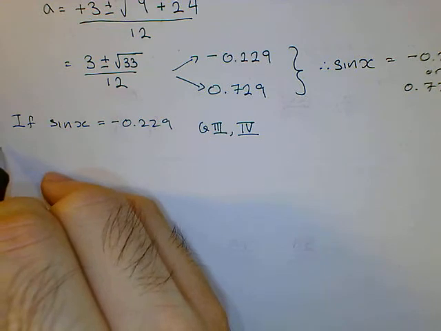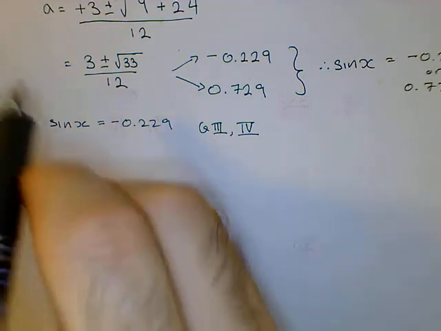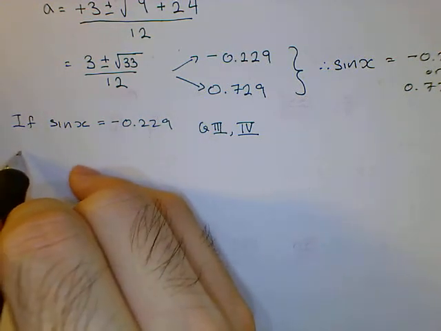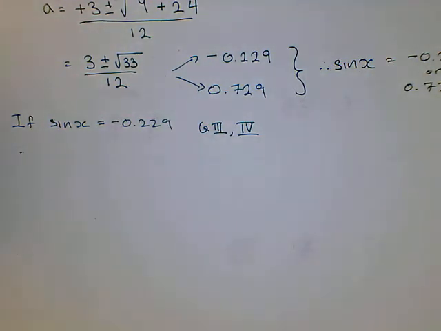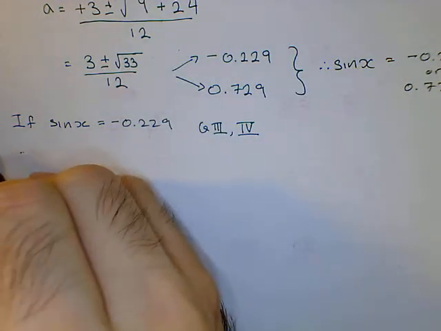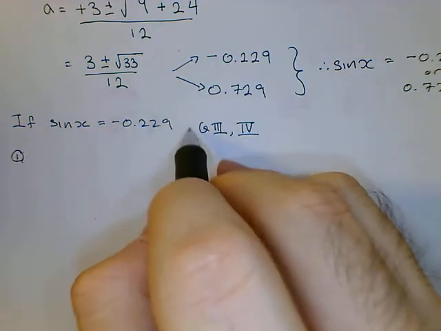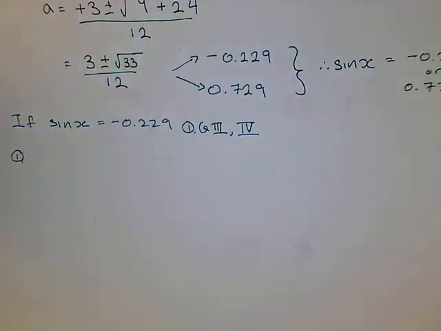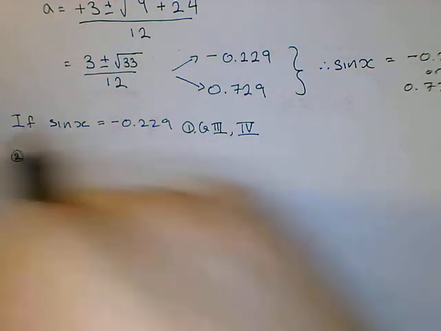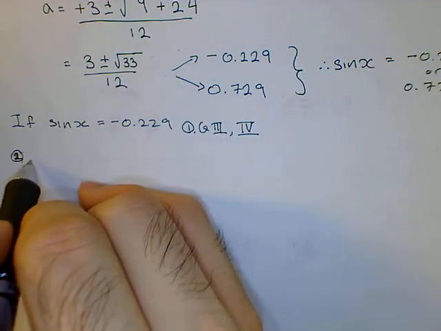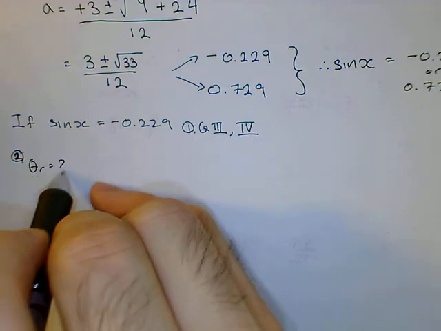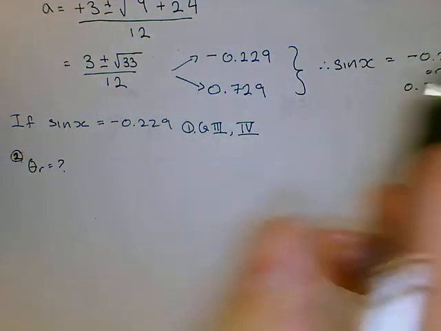So hypothetically speaking, how do I write this so that it's clear? How about this: this was number 1, quadrant 3 and 4, and this is number 2. What is my acute related angle?